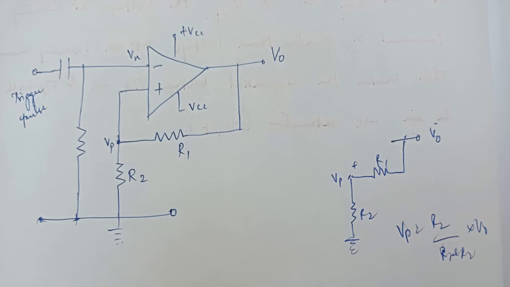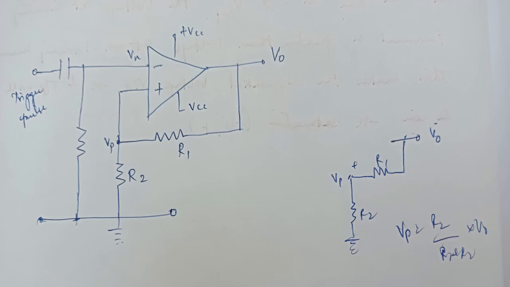Now you can understand, though I am not giving any input, I am getting some output, and the output is fed back to the non-inverting terminal. So if I differentiate positive voltage minus negative voltage, then only the differential output will operate, and with the help of the differential output I get the output.